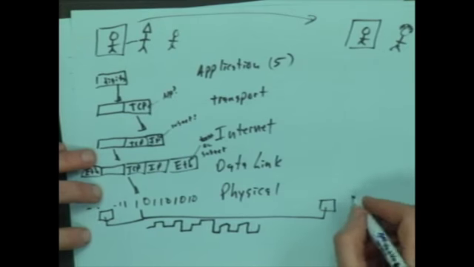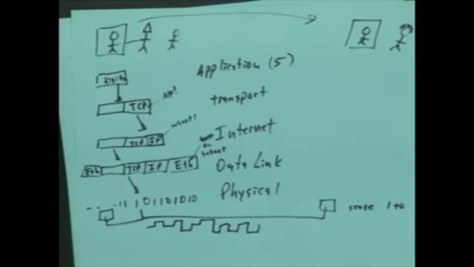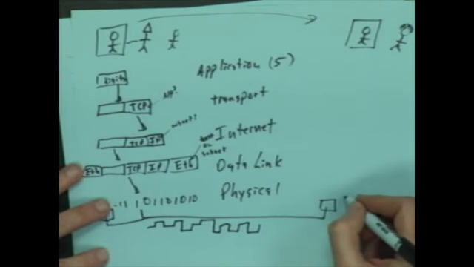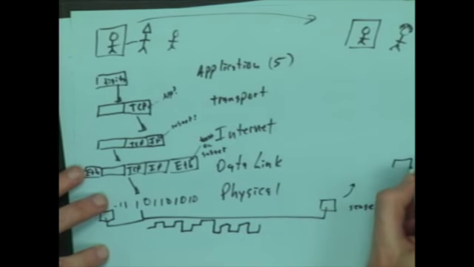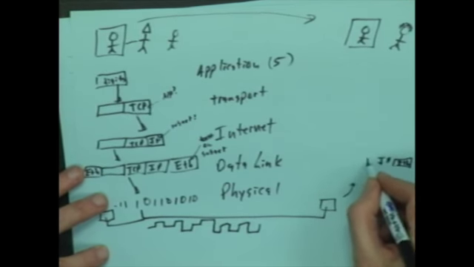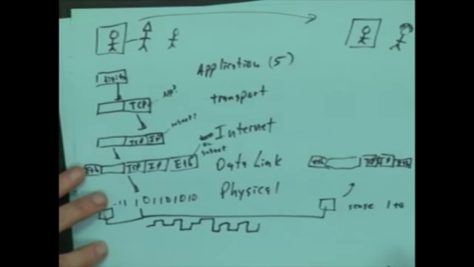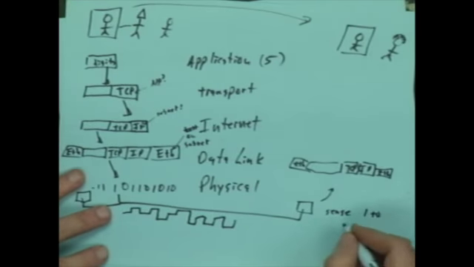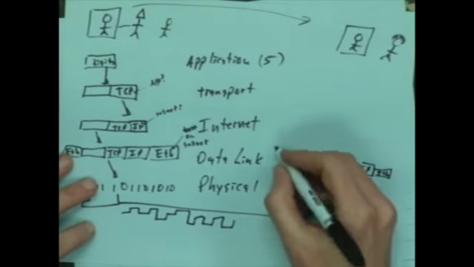The physical layer is going to sense the ones and zeros, then pass the ones and zeros up to the data link layer, and the data link layer is going to see a frame. So now we have a frame again.